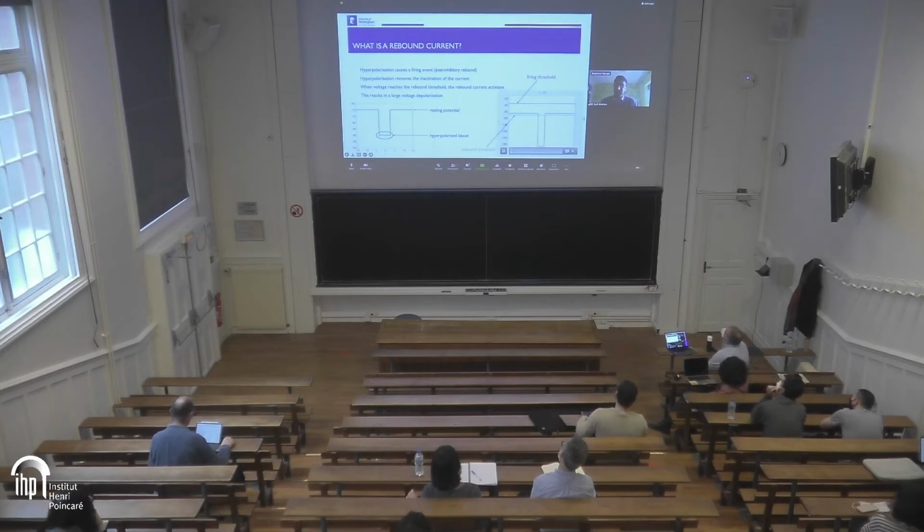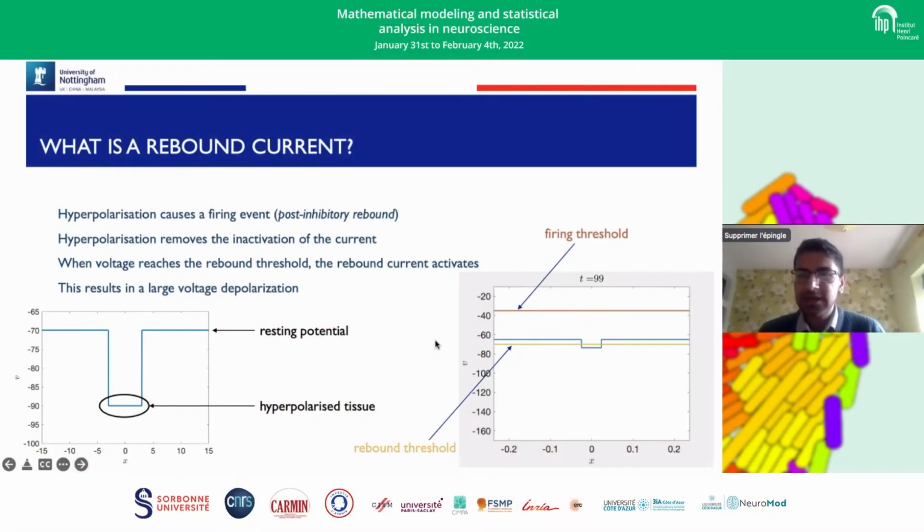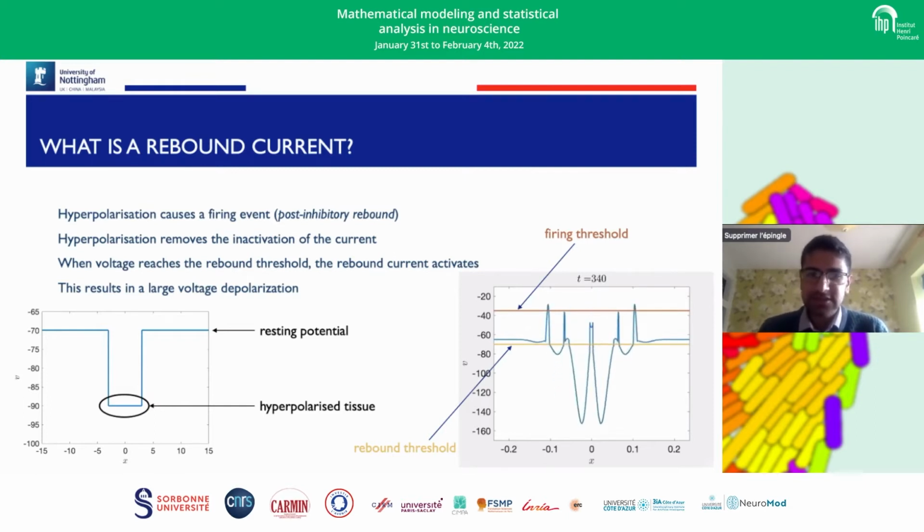In this way, we can get some quite complicated dynamics from really quite simple initial conditions. Okay, so there are two thresholds at play, a rebound threshold and a firing threshold.